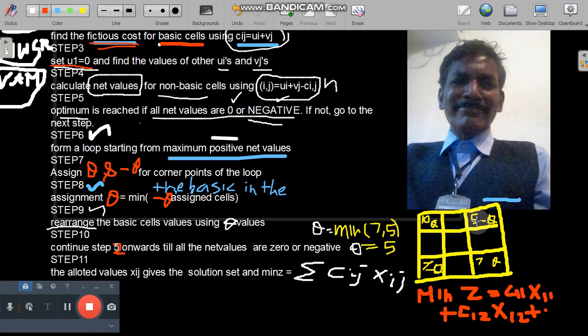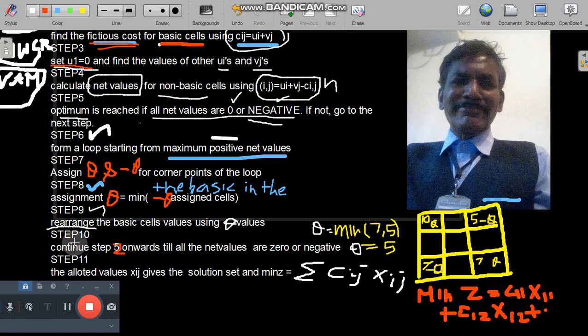After assigning theta and minus theta for the corner cells, we choose the value for theta. Theta is equal to the smallest basic value in the minus theta assigned cells. After finding the theta value, we rearrange the basic values on the basis of theta. For this rearrangement, definitely the total cost would be less than the previous costs. That's what the people say.